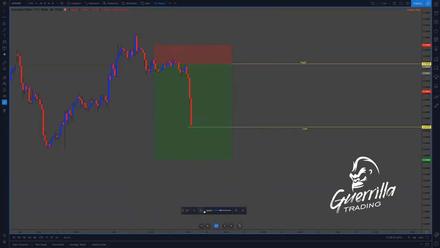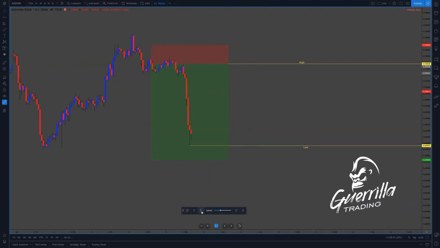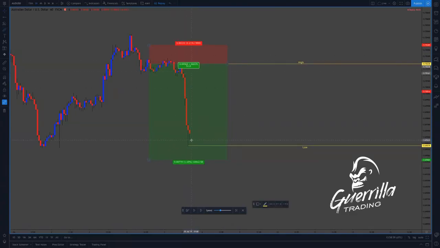So let's continue. As you can see now, I've had this break here. Let's continue down. And one thing that strikes me straight away is we get this large wick. Now, what does a large wick mean? Well, a large wick just means that we have a warning sign, and the majority of the time what I've noticed, especially if we're with a trend, is that price action likes to range within here.